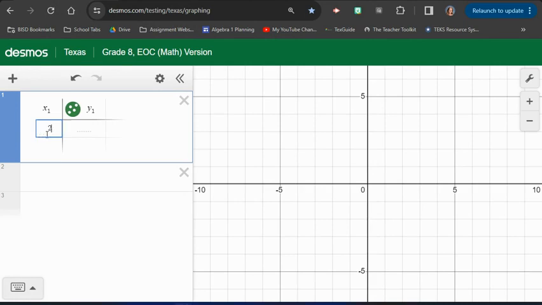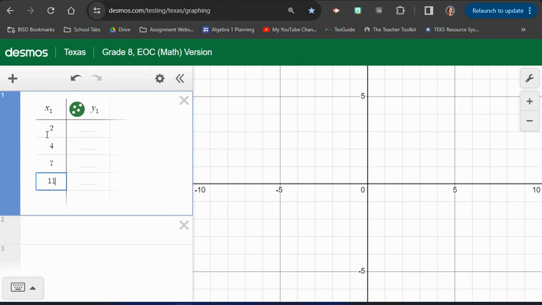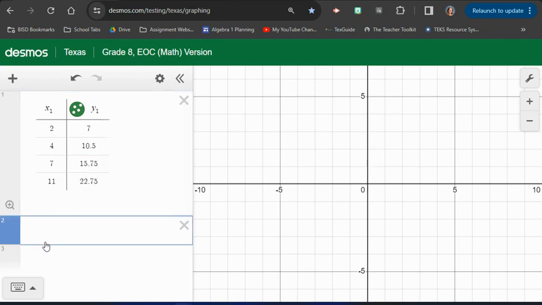So I have 2, 4, 7, 11, and then 7, 10 and a half, 15.75, 22.7, right? Okay. How do we get an equation once you have a table in? What's the most famous equation in algebra? We know this. Yeah, y equals mx plus b.